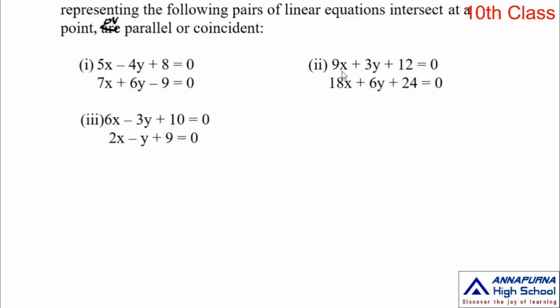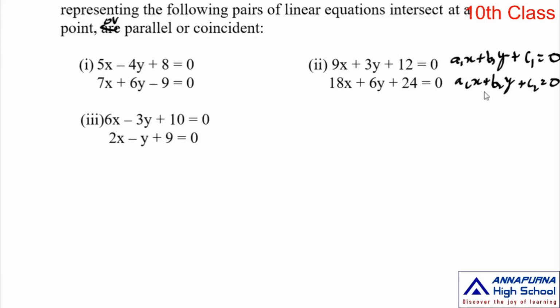Here the second pair is 9x plus 3y plus 12 is equal to 0, 18x plus 6y plus 24 is equal to 0. First we compare these two equations to the standard form of the pair of linear equations, that means the general form a1x plus b1y plus c1 is equal to 0, and a2x plus b2y plus c2 is equal to 0.